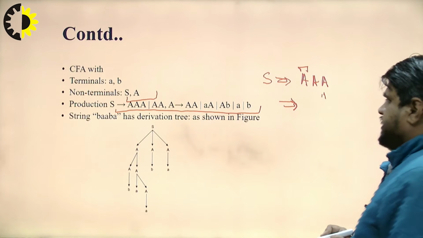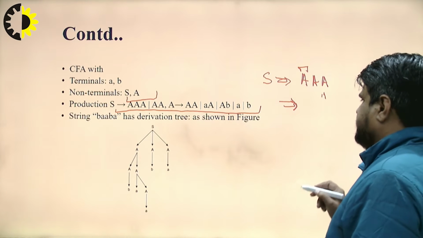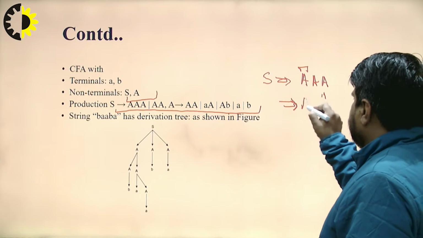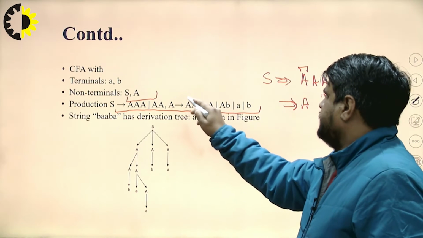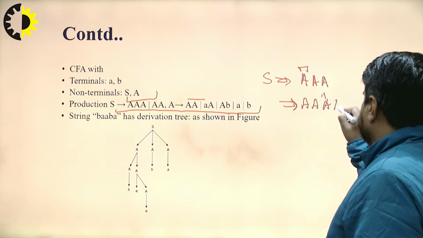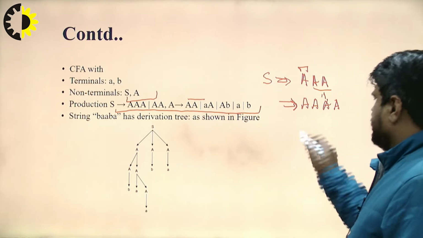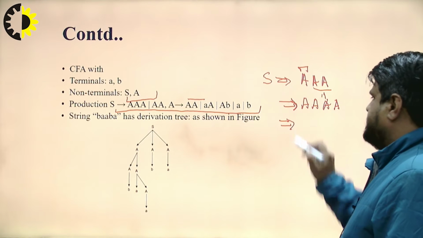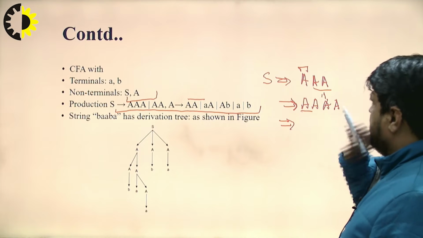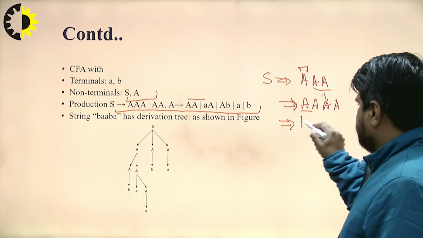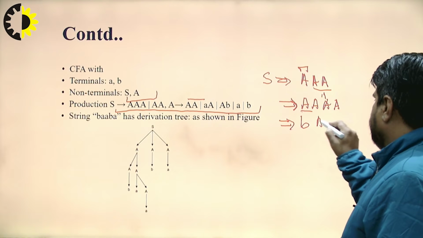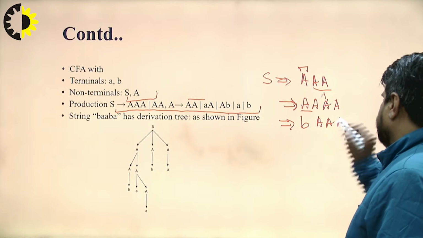This A gets replaced by AA, because A tends to AA is a production. After that, I prefer the leftmost non-terminal, so I replace it by B. The remaining parts are appended to this one.